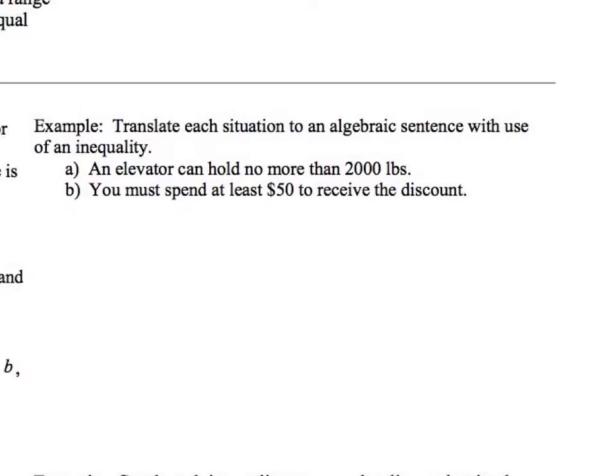We want to translate each situation into an algebraic sentence with use of an inequality. Part A says an elevator can hold no more than 2,000 pounds. So I'm going to do x and 2,000.